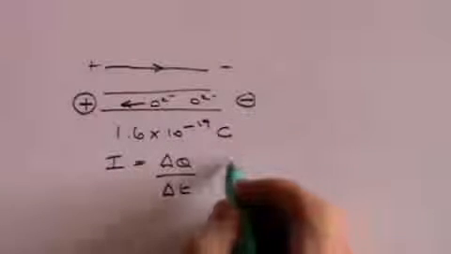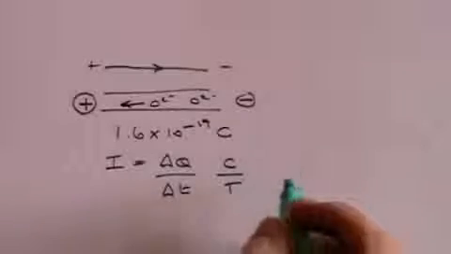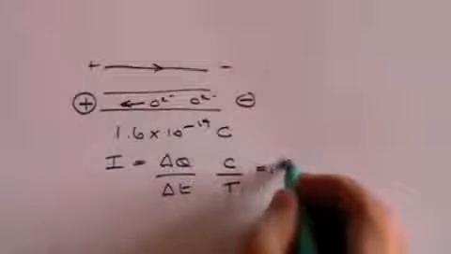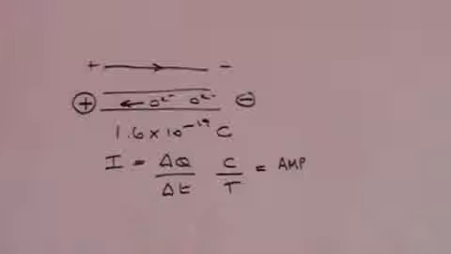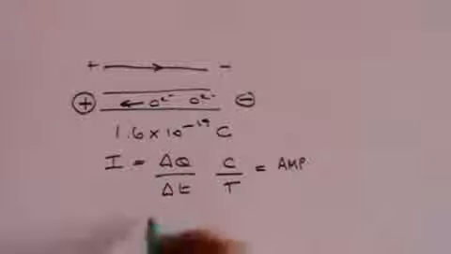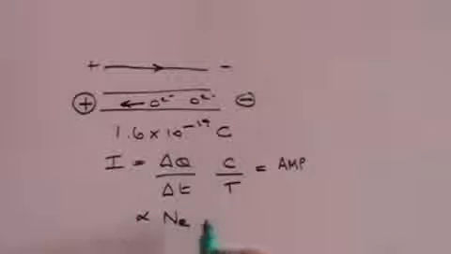So current is really measured in coulombs divided by time in seconds, but usually we write current in units of amps, after the physicist Ampere. So since it is the electrons that carry the charge, you can say that the current is proportional to the number of electrons per second.